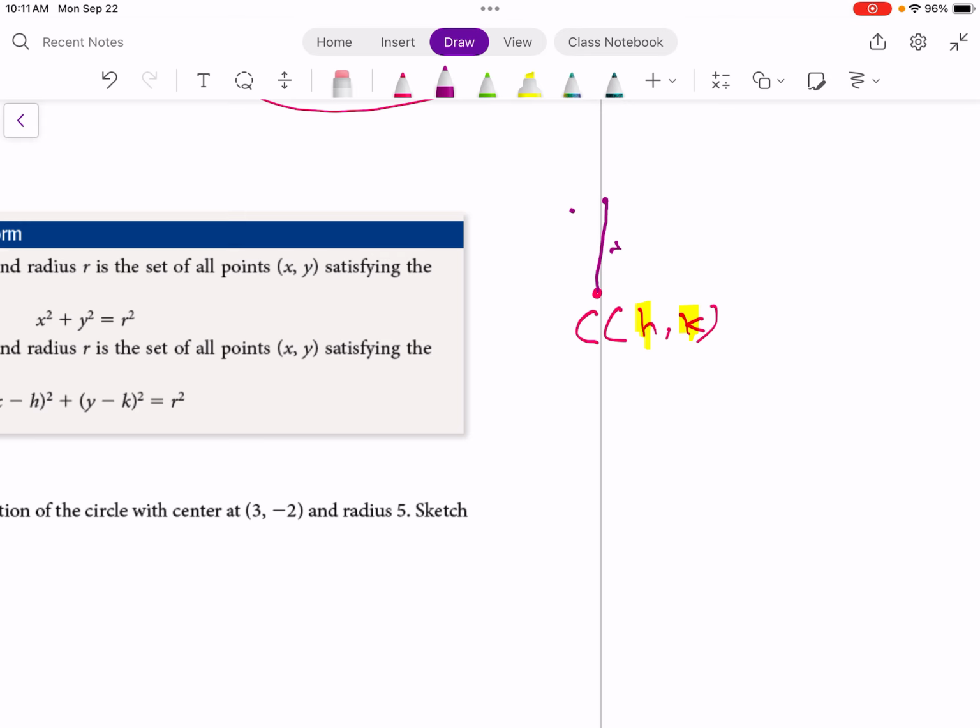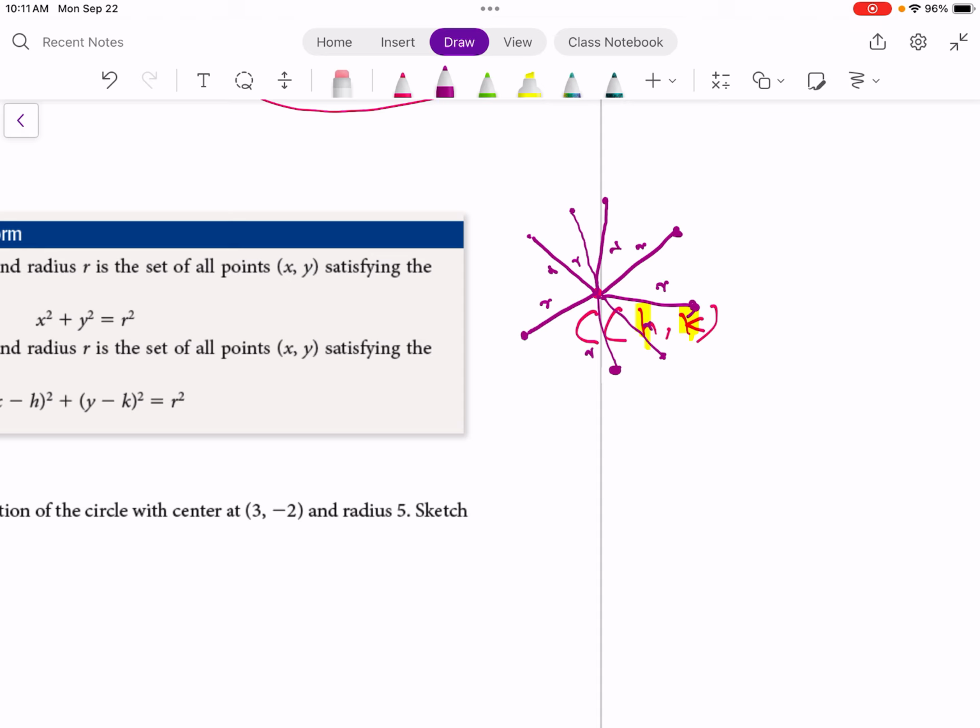So this point is also at a distance r. We have this point at a distance r, this point at a distance r, this point at a distance r.